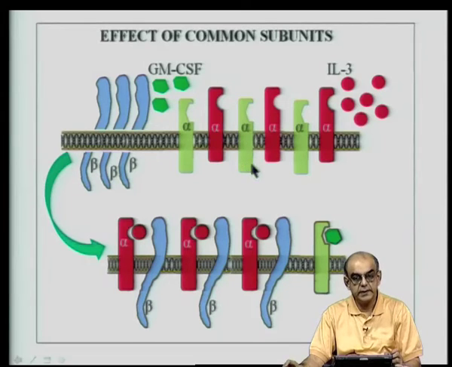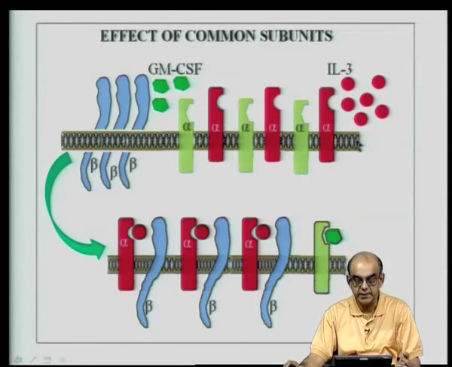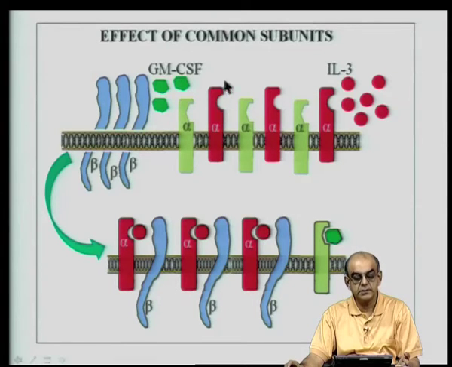So, what happens there, because of the higher concentrations of IL-3, they will bind all their subunits, because this binding is concentration dependent. However, the lower concentrations of GM-CSF will only lead to the binding of probably one of these or a fraction of the subunits that are available on the surface, the ligand binding subunits.